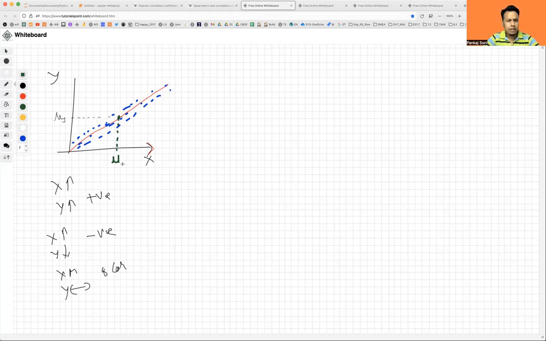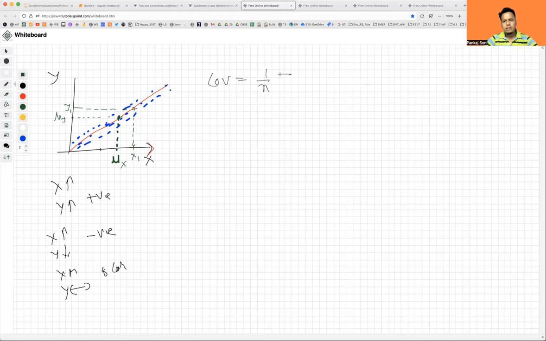Say we have one data point x1, and corresponding to this, y1 is somewhere here. So when x1 is here, what is the corresponding value? y1.